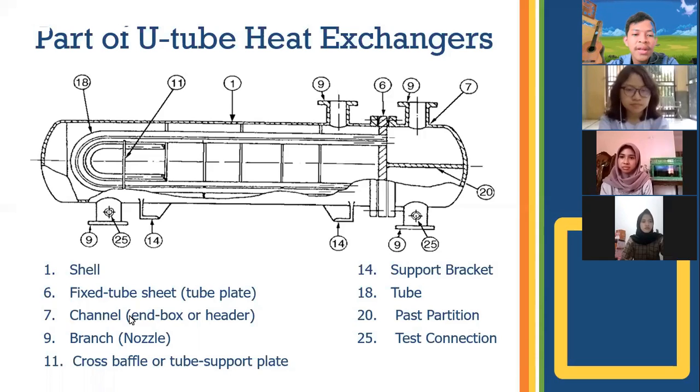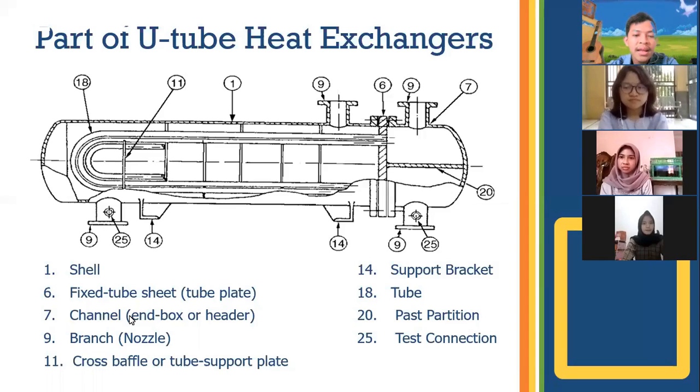Number 11, the cross baffles, is a metal component installed upright inside the shell and serves to set the pattern of fluid flow in the shell, with the aim of improving the contact between the fluid inside the shell and the tube so that heat exchange is perfect.